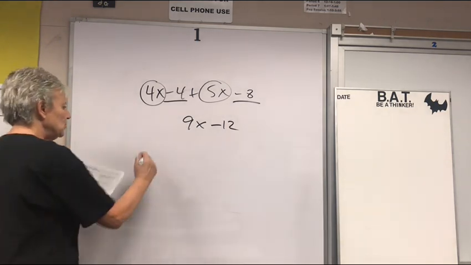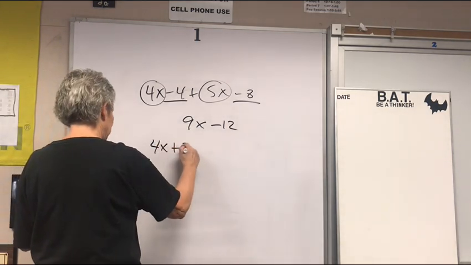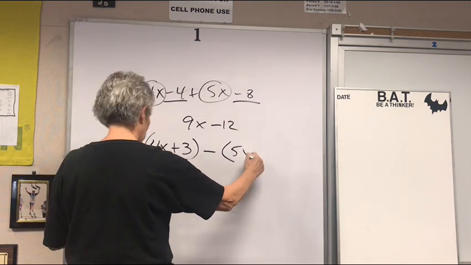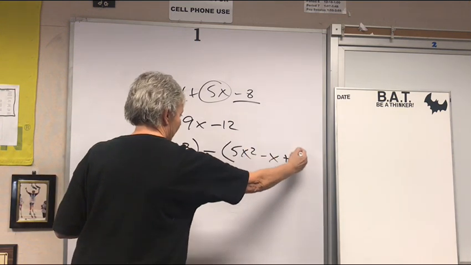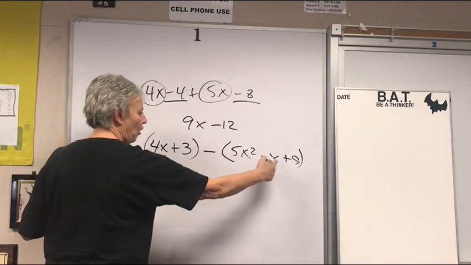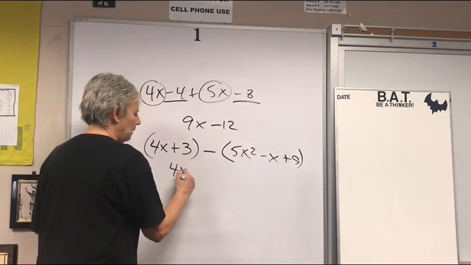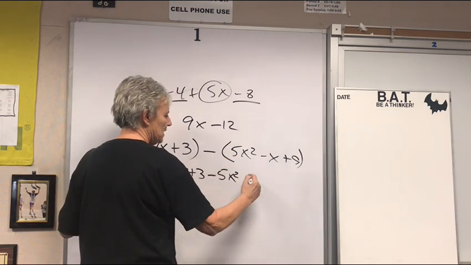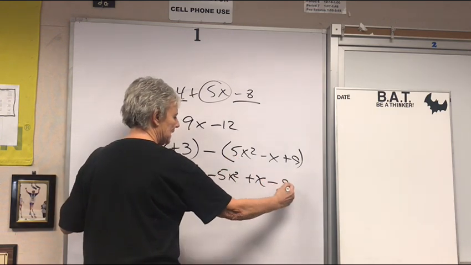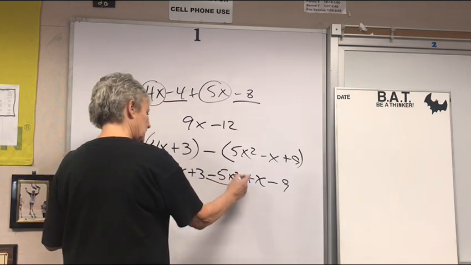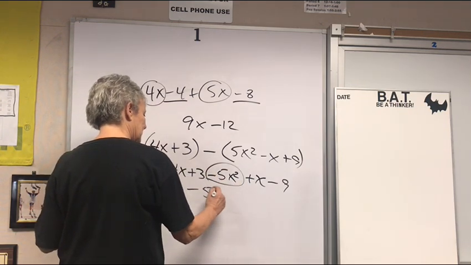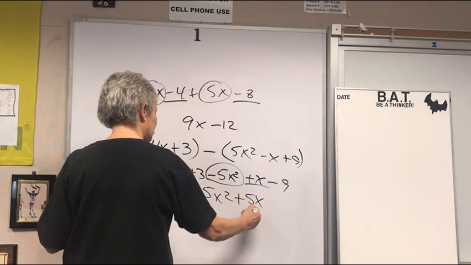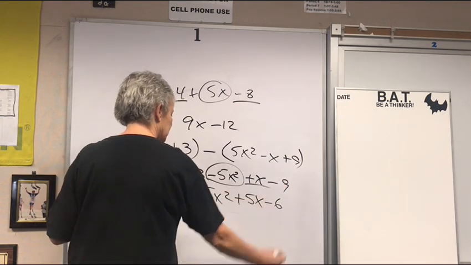And number 11, you need to rewrite as addition, minus, you have to change all 3 signs. I would dump the parentheses there, minus 5x squared plus x minus 9. Greatest degree is right there. 4x and 1x is 5x, negative 6.